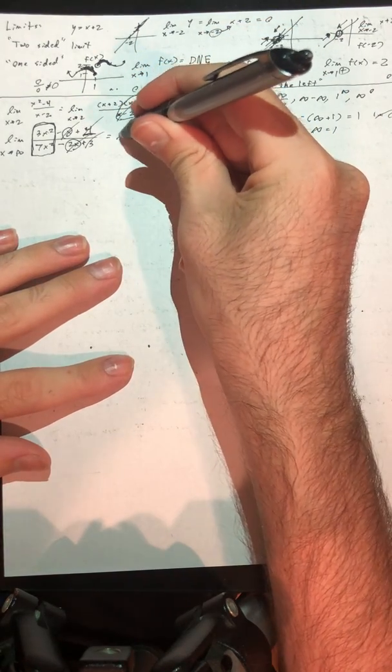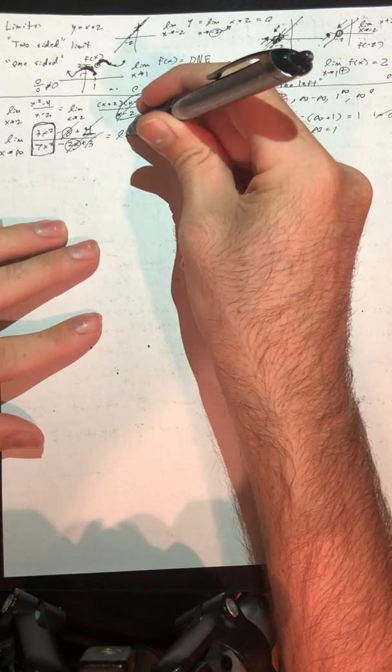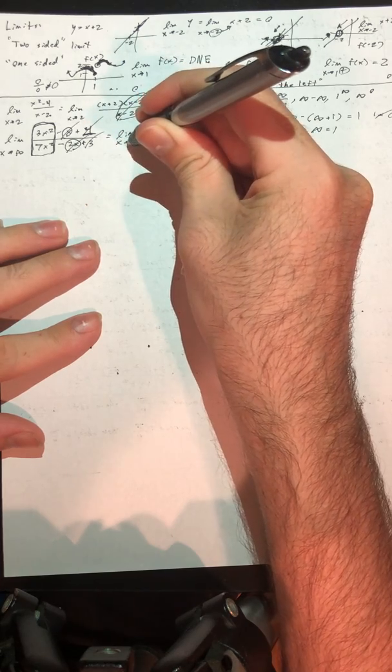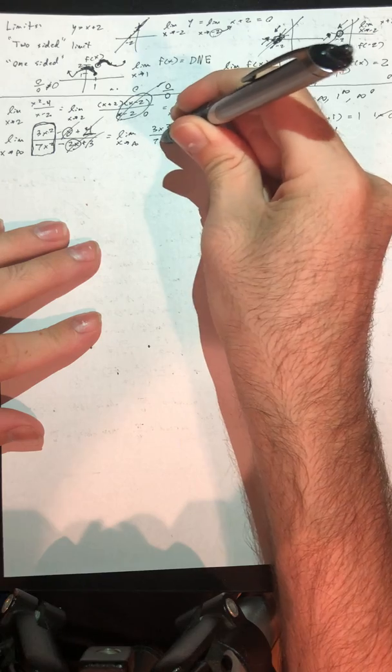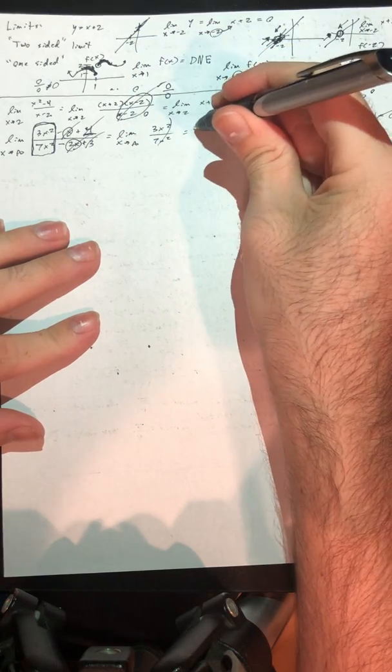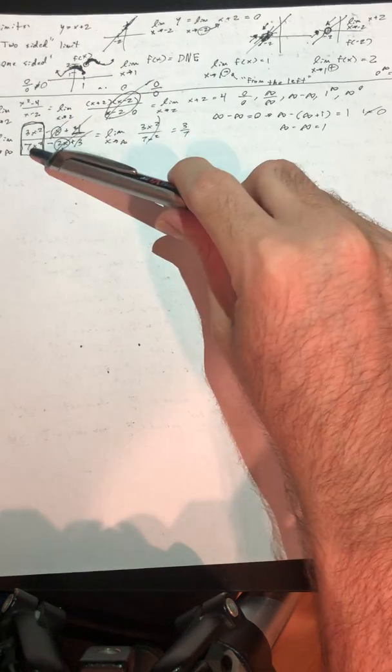So this original limit is equal to the limit as x approaches infinity of 3x squared over 7x squared. Get rid of the x's: 3/7. Look at that. You might think, wait, this is what I did to determine horizontal asymptotes in Algebra 2. Well, this is exactly why you did it.